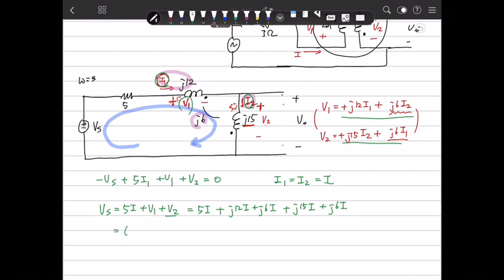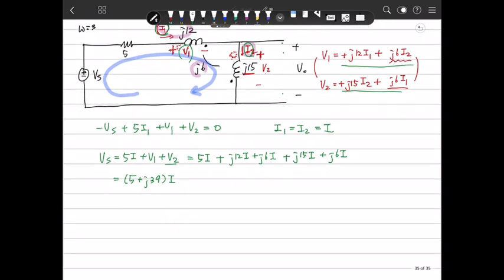So it will be 5 plus j39 times I. From here, we get that I is Vs divided by 5 plus j39.